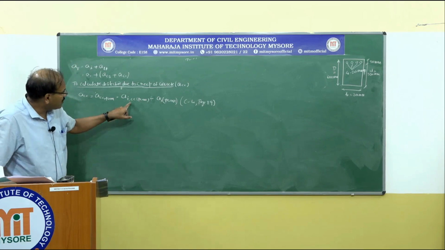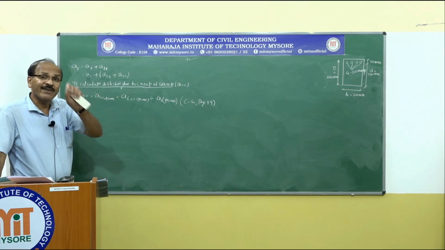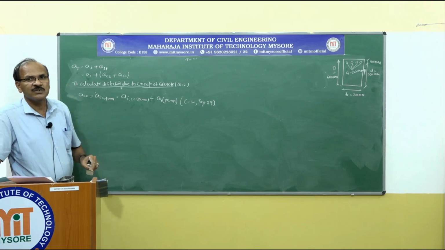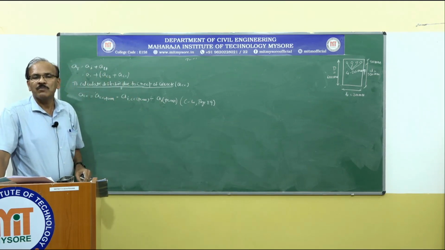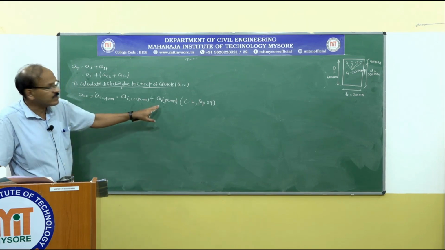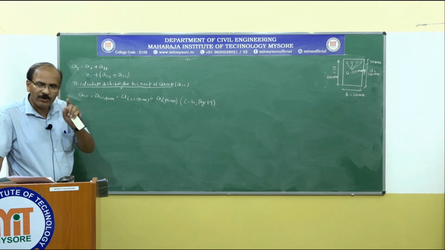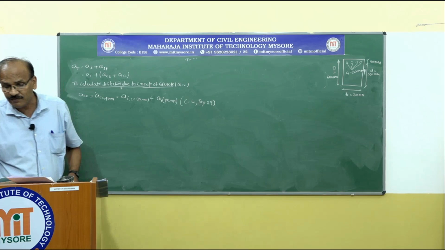When you find out this deflection, you need to make use of ECE, that is the effective Young's modulus. If you are finding this deflection, we need to make use of EC value, that is the Young's modulus as per the code, that is equal to 5000 root of fck.